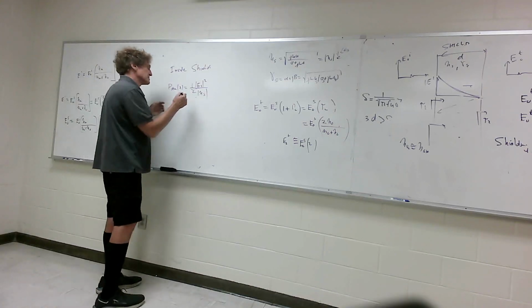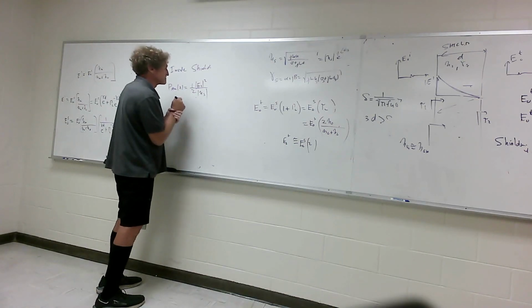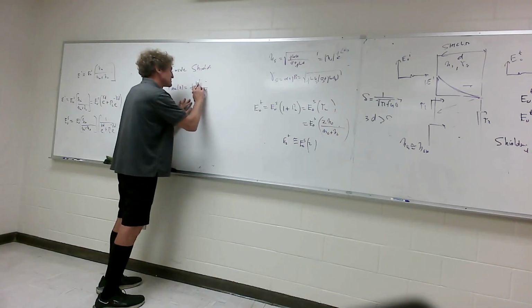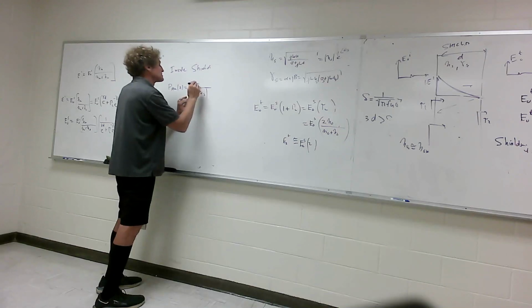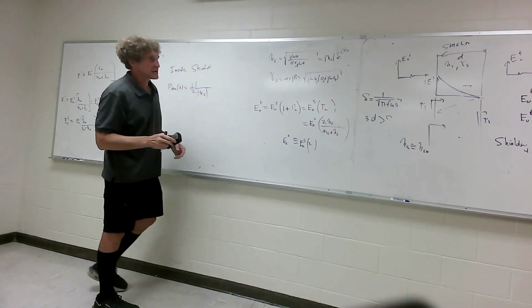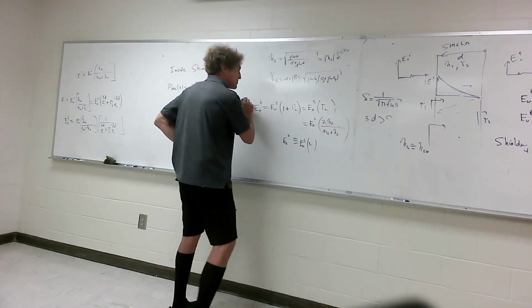And you can call that E naught incident. Then let me do it this way. I'll call it, better make this a little clearer, so you don't get confused. So hold on.